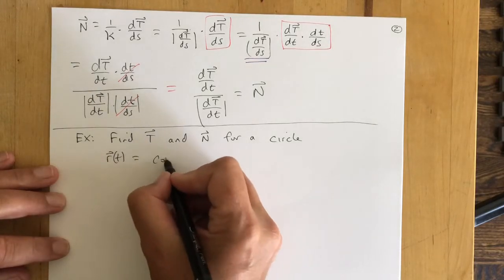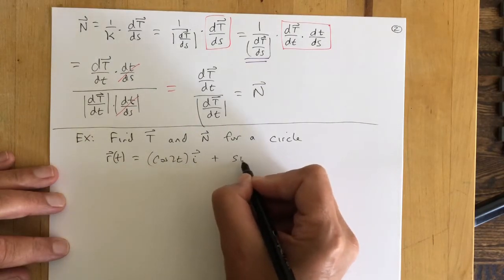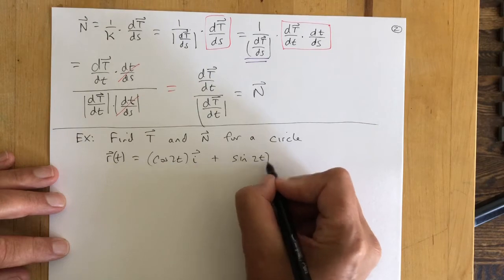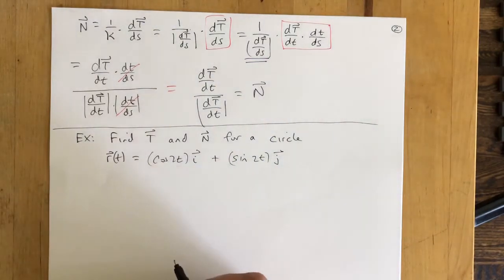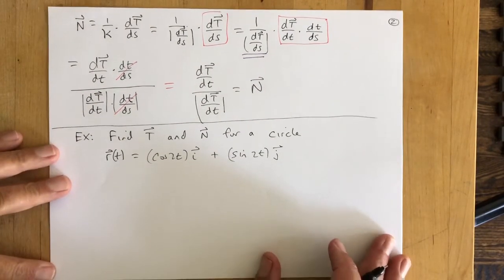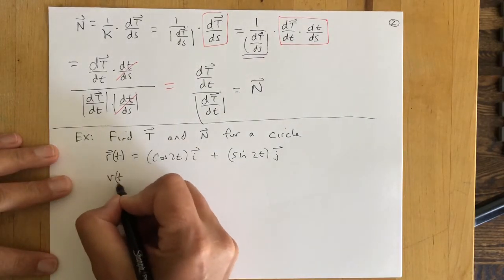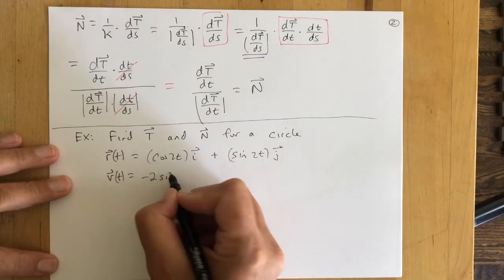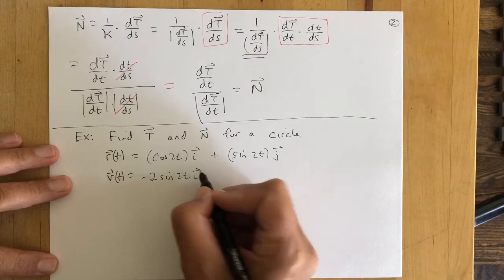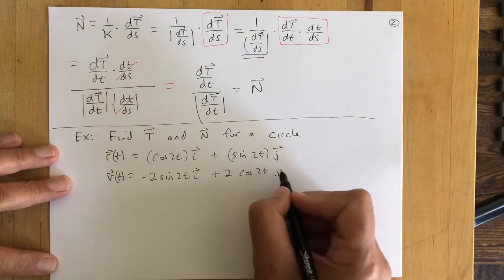This is going to be r(t) = cosine 2t i plus sine 2t j. Okay. So this is just formulaic here. First we got to find v, which is minus 2 sine 2t i plus 2 cos 2t j.